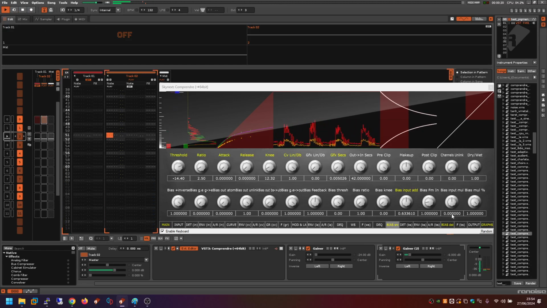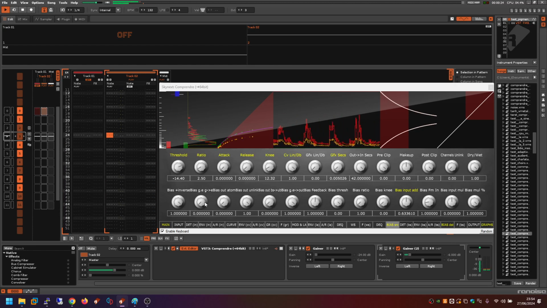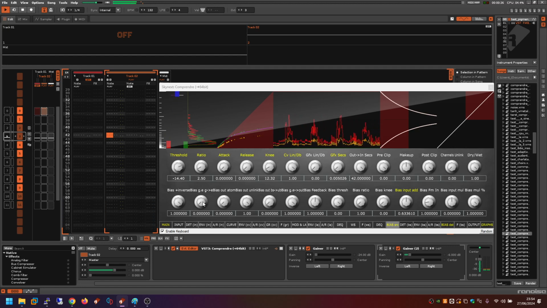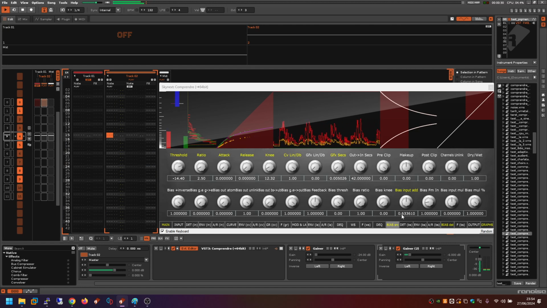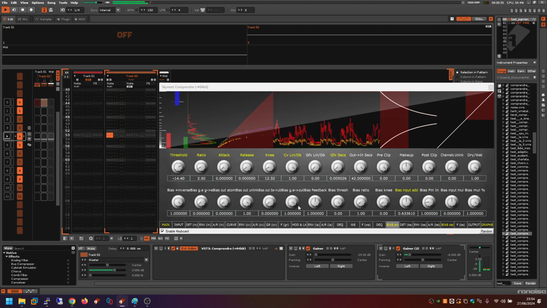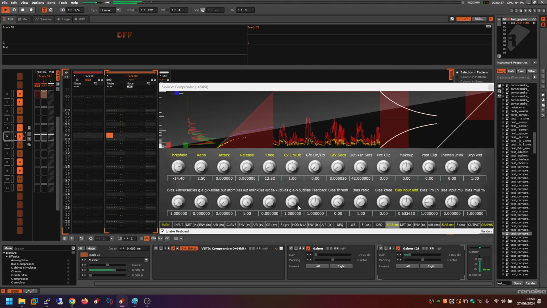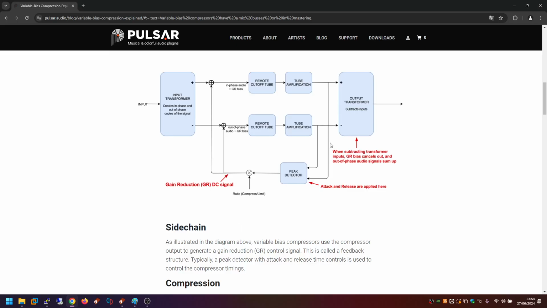Okay, now we will study the bias input sources because actually the source that was used is the output that is here.